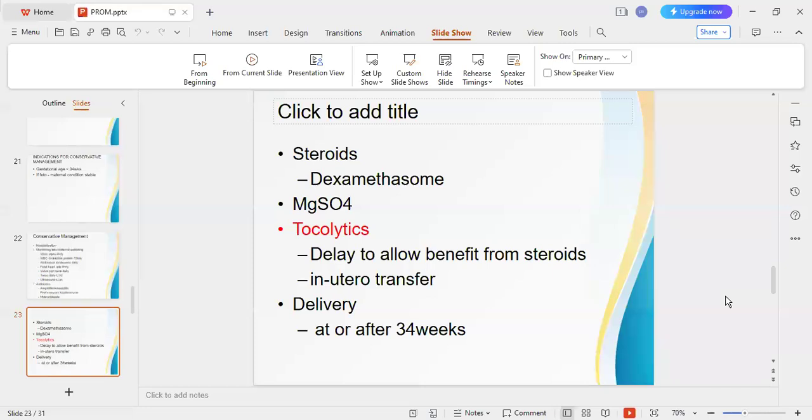And also, if you're in a facility where you do not have neonatal intensive care services, you can give your tocolytics and allow for transport to a facility that does, so that delivery can occur. So, with all this treatment, our aim is to deliver at or after 34 weeks of gestation.